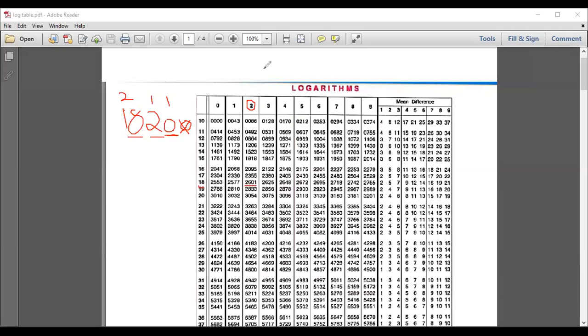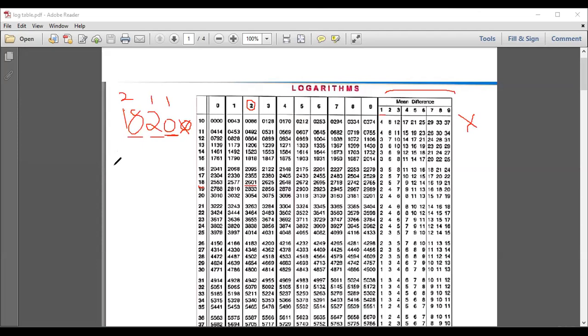Great. Now the next number is of mean difference. अभी if you see mean difference column में, can you all see anywhere 0? No, because it is starting from 1. So in this case mean difference का column यहाँ पे नहीं आएगा, because there is no 0 over here. Got it? So directly what is the value of 18 under 2? 2601.